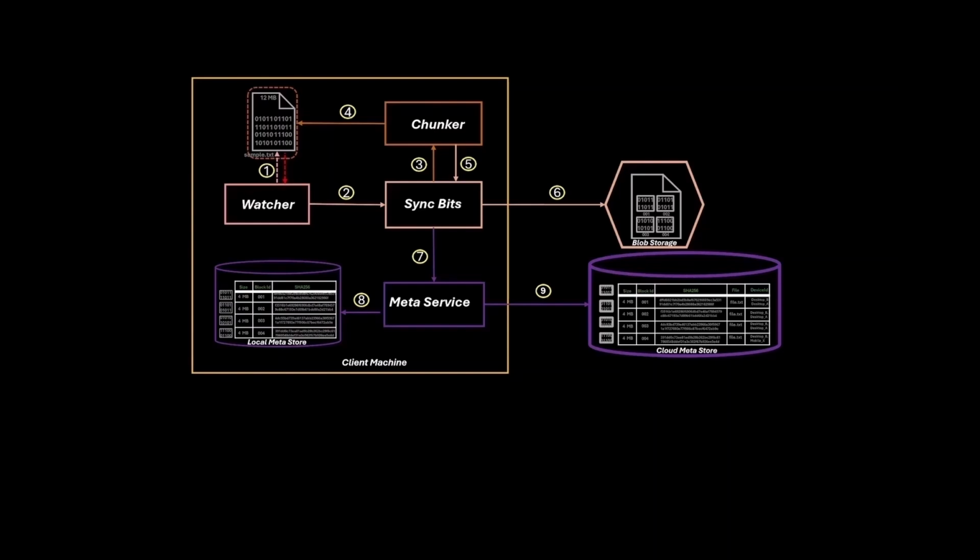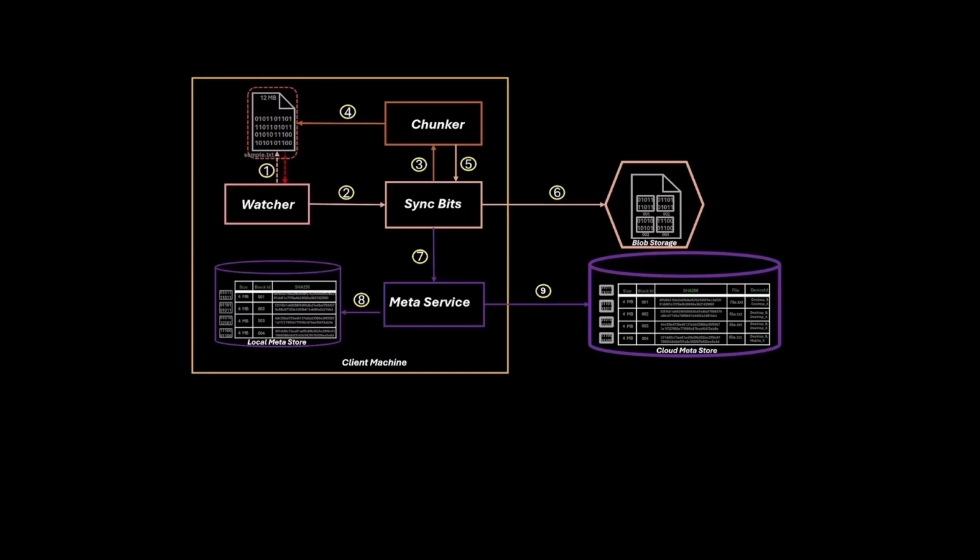Since the new file was created, there was no existing local meta store for that file, and no data available in the cloud meta store or the blob storage. So the sync bit service saves those chunk details to the blob storage, and asks the meta service to save those chunk details to the local meta store as well as the cloud meta store.